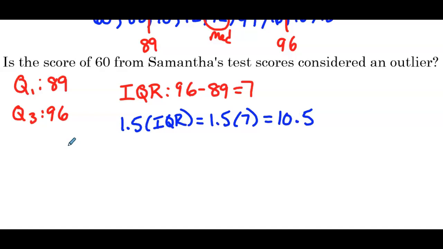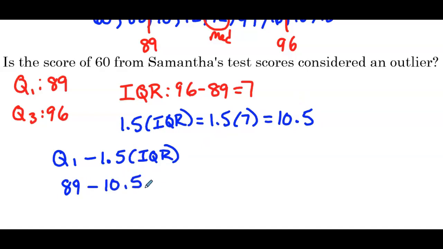Okay, so to figure out the test score that she would have to be below for it to be an outlier, that's going to be quartile 1 minus 1.5 times the IQR. Okay, so that's going to be 89 minus, we already did that out, that's 10.5. So that would be 78.5.